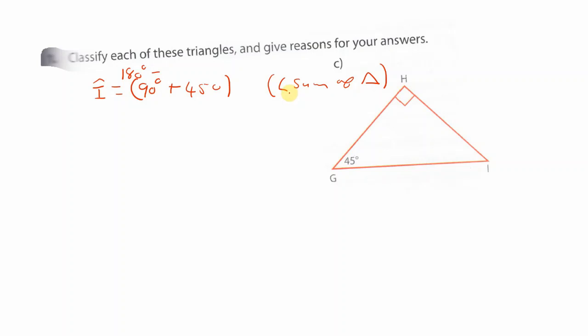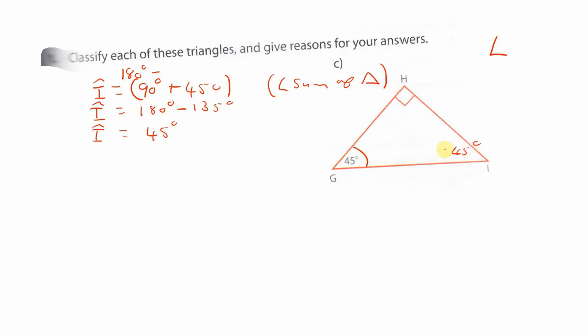Okay, so you can abbreviate it. You don't have to write out angle sum of a triangle. You can use the triangle symbol, and you can use the sideways L kind of as the angle symbol. So therefore, we know that angle I is 180 degrees minus 135 degrees. So therefore angle I equals 45 degrees.